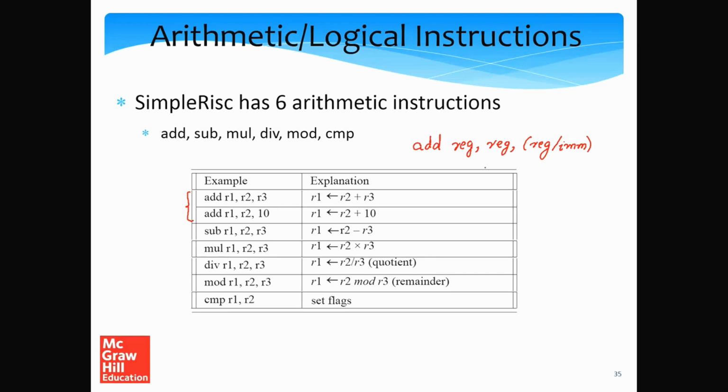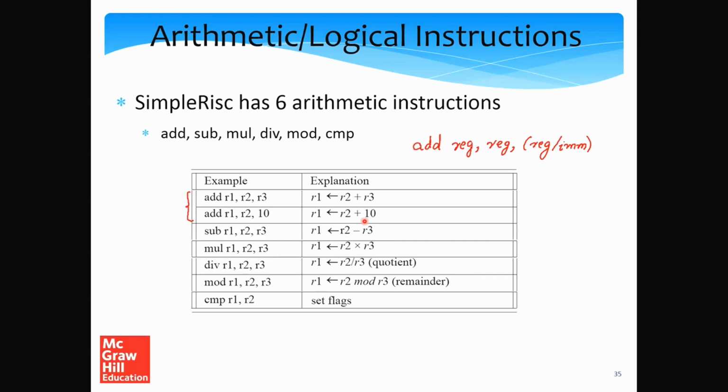So here, as if we write add R1, R2, R3, essentially what we are instructing the machine to do is take the contents of R2, take the contents of R3, add them, and save the result in R1. Similarly, if I say R2 and 10, I can say R2 plus 10.